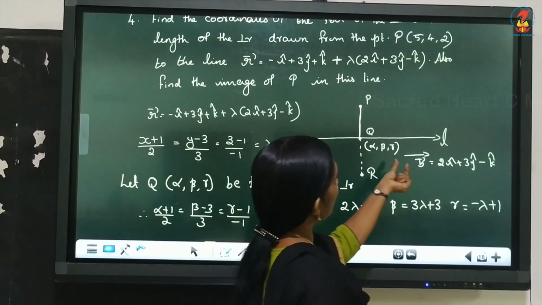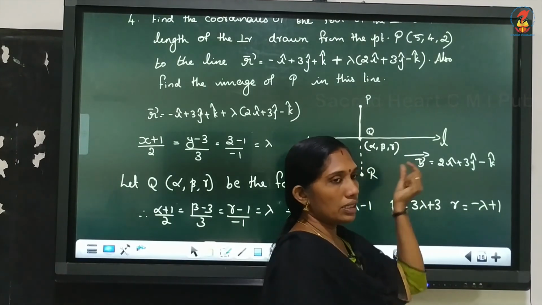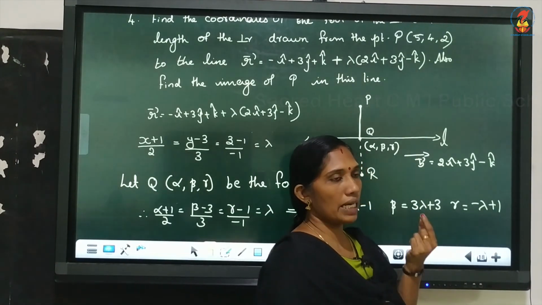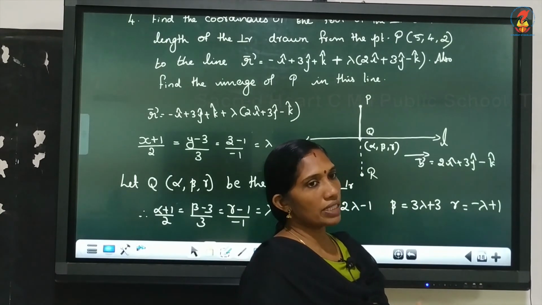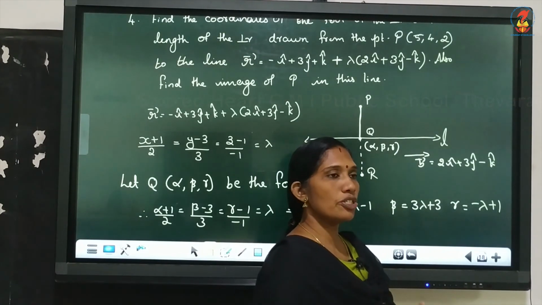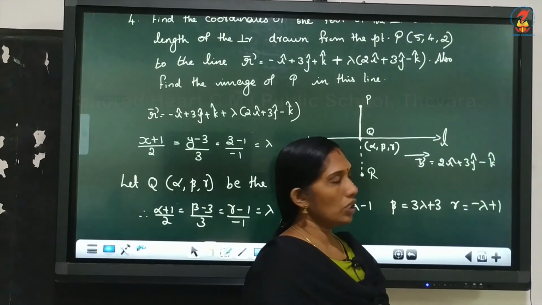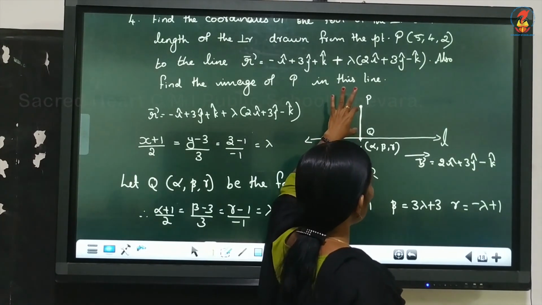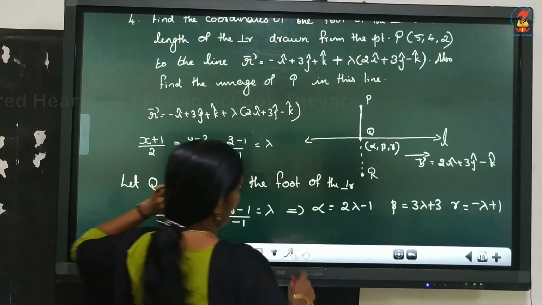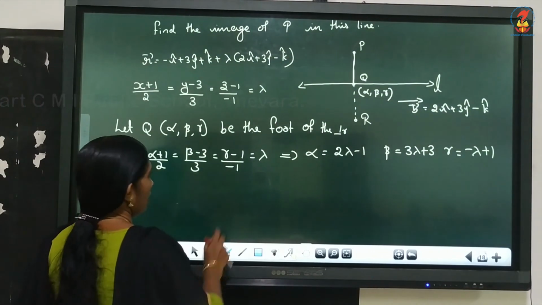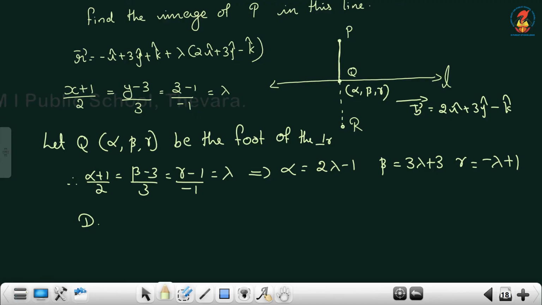Since PQ is perpendicular to this B vector, the condition of perpendicularity is a1a2 plus b1b2 plus c1c2 equal to 0, that is, the direction ratios' product equal to 0. So we have to find the direction ratios of line PQ.